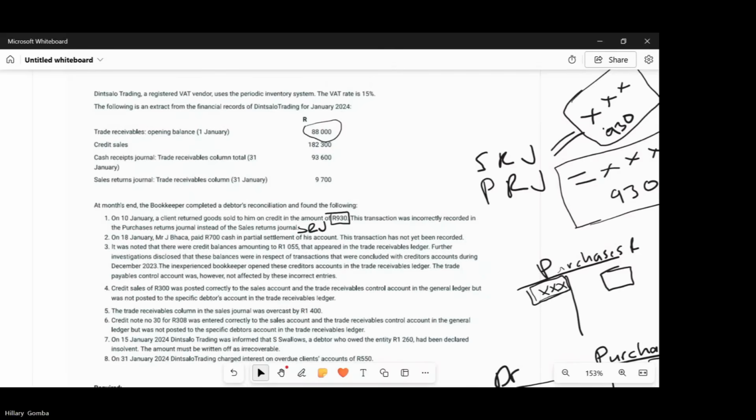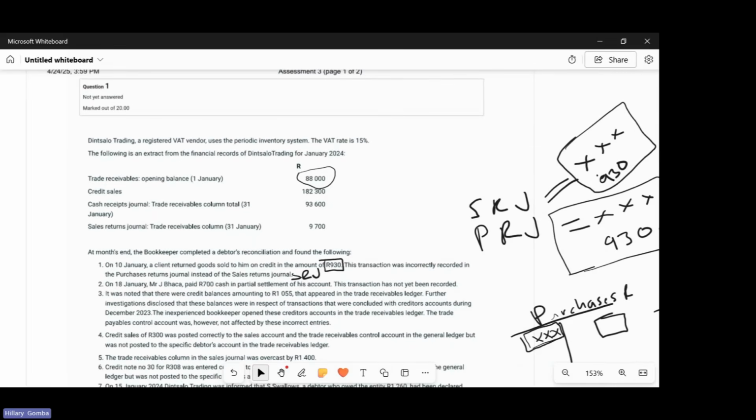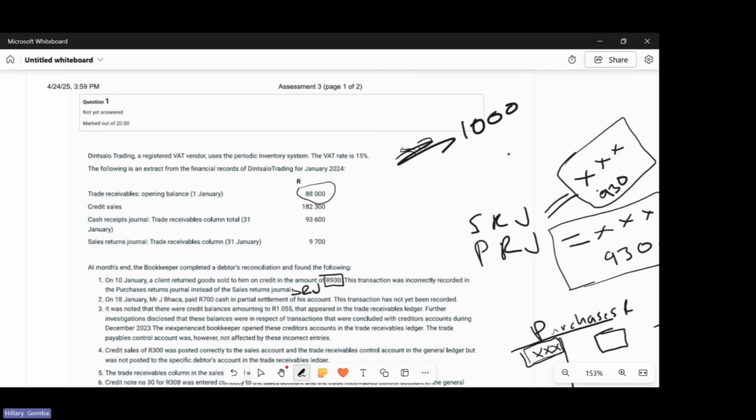Okay. So we had a client that was owing us money, and maybe let's say they were owing us 1,000. And then on that 1,000, they made a partial payment of 700.